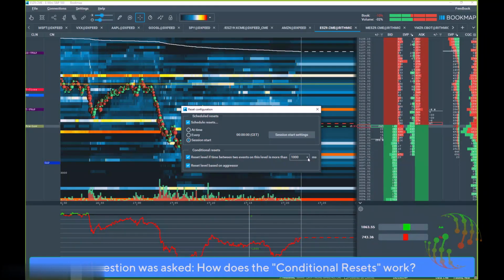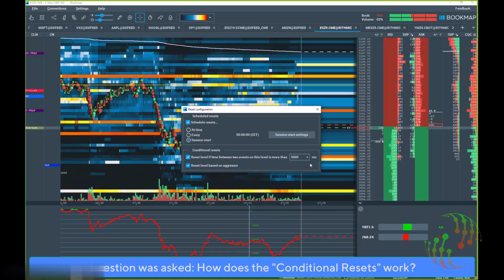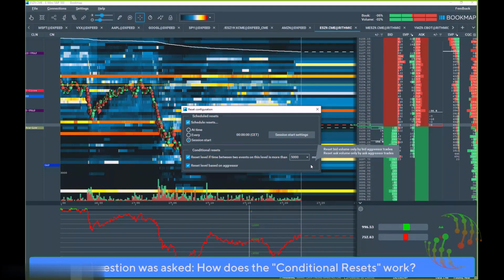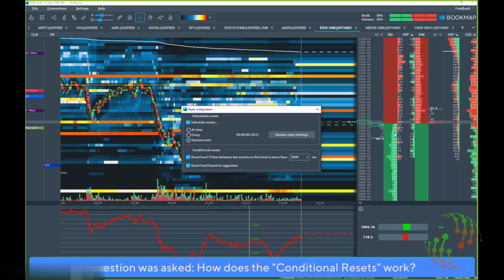When we are talking about the treasuries, I would for sure set this time at least to 5,000 milliseconds. So it depends on the instrument traded, because the treasuries need a lot of time to move. Let me show you the treasury. Excuse me, just a moment.